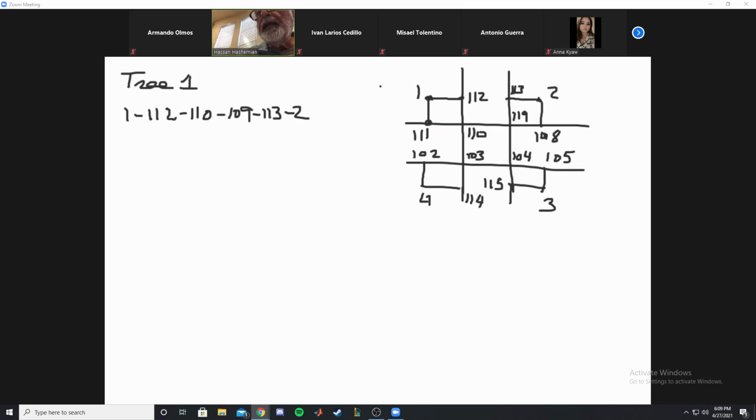The way they did it, they look at the number of minutes it takes you, and they wrote that it might take 13 minutes. So they gave you that. Pretty much they tell you this is the tree from 1 to 112, and then you go 110, and then you go 109. 109 will be actually here.